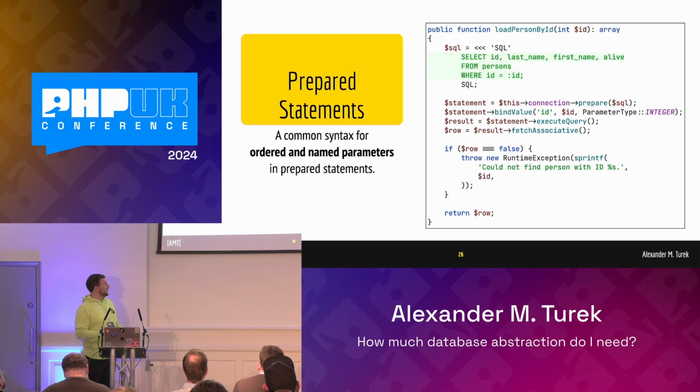This is all being normalized, so if I prepare such a statement, the DBAL would normalize this to the actual syntax that your favorite database wants to have for prepared statements. And if your favorite database doesn't support named statements, it will emulate them for you. So this is being done in the background, which I also find pretty nice.